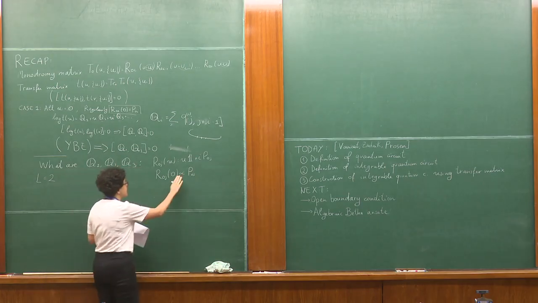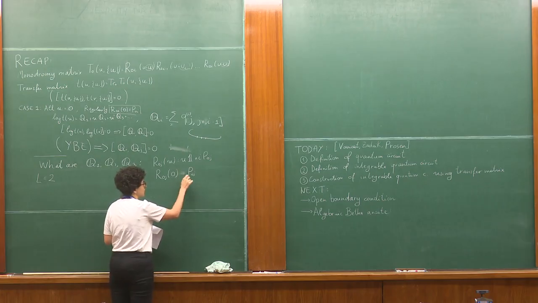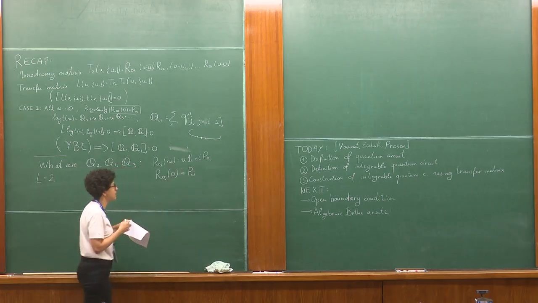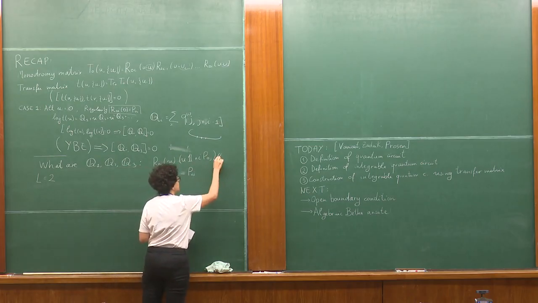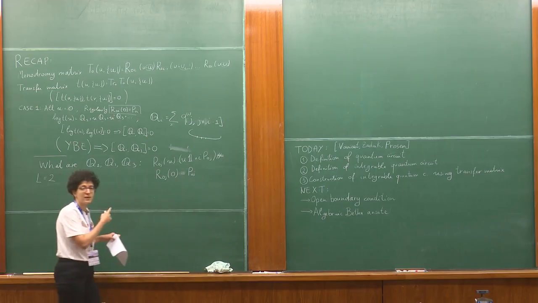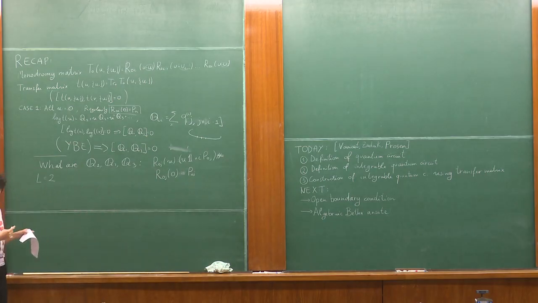For simplicity, let me set it equal to the permutation, because as I was mentioning yesterday, we are always free to renormalize this object. And Laura in the tutorial showed that this is indeed the case. So if you have an R and you normalize, then it still satisfies the Yang-Baxter equation.